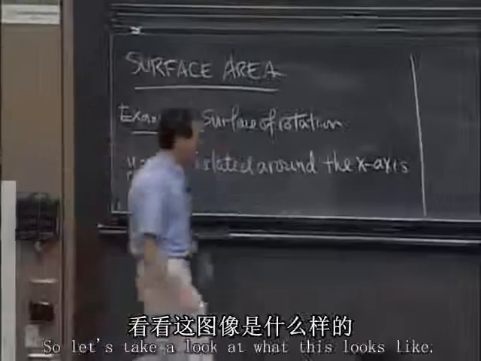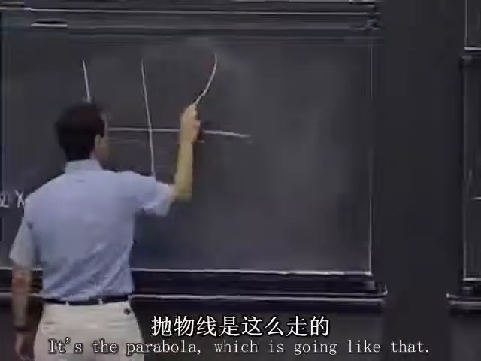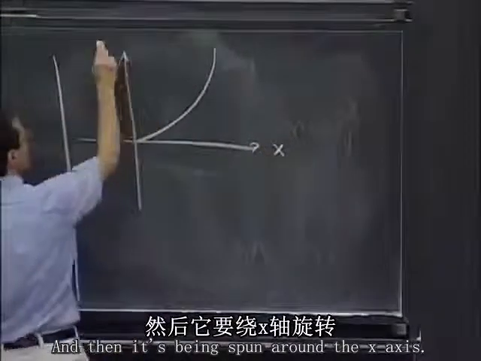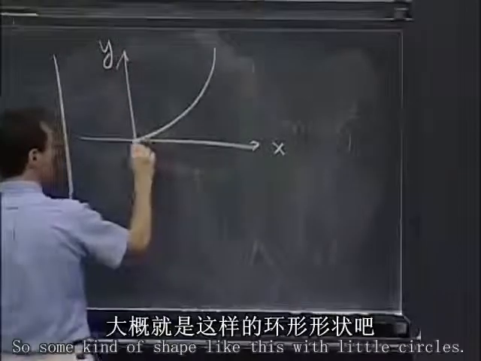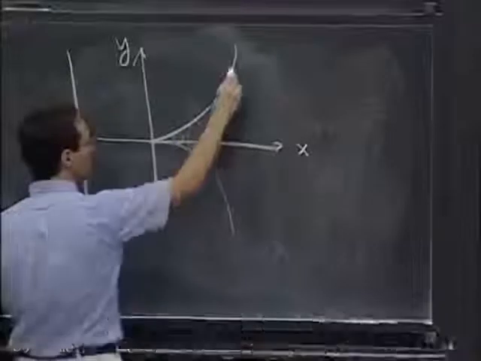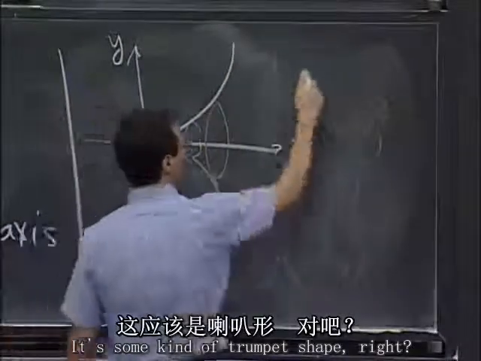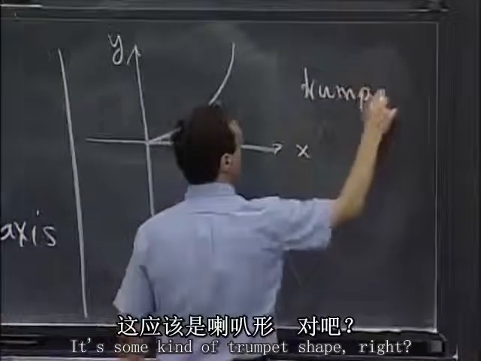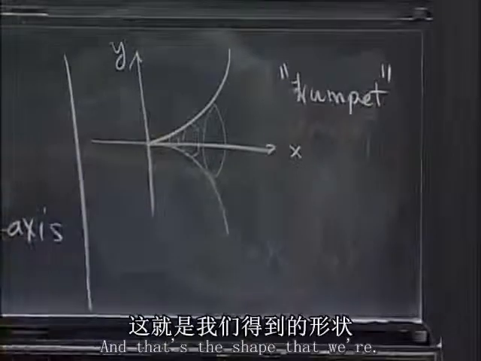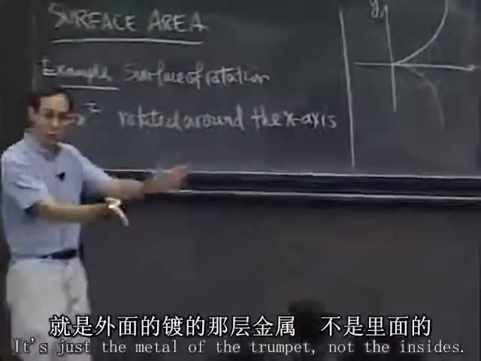Well, let's take a look at what this looks like. It's the parabola, which is going like that, and then it's being spun around the x-axis. So it's some kind of shape like this with little circles. It's some kind of trumpet shape, right? And that's the shape that we're... Now, again, it's the surface. It's just the metal of the trumpet, not the insides.